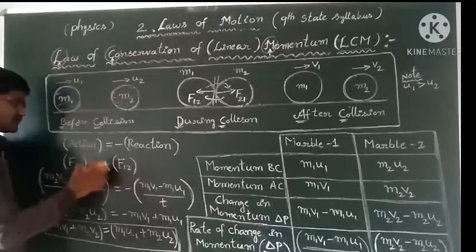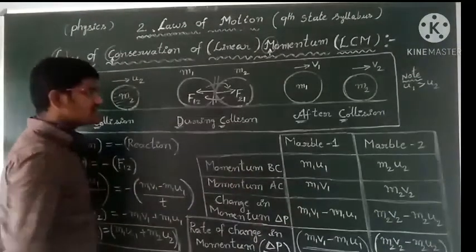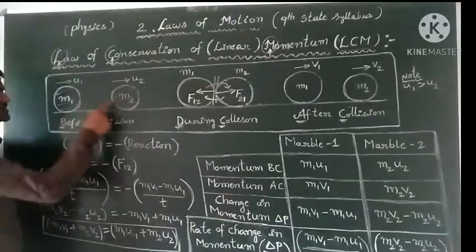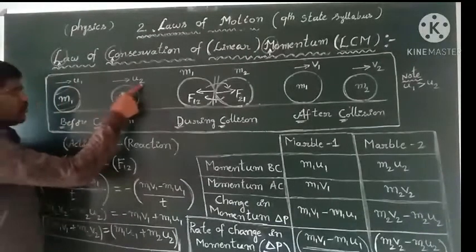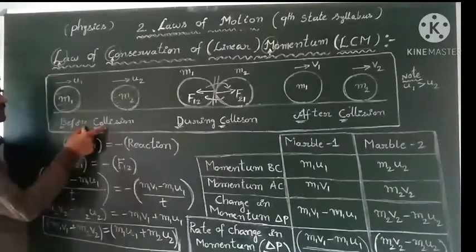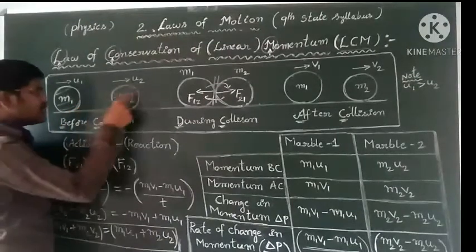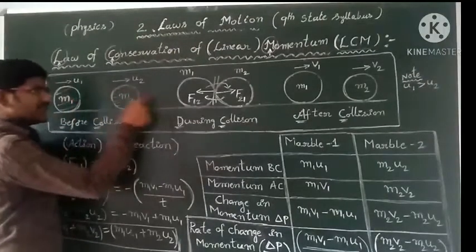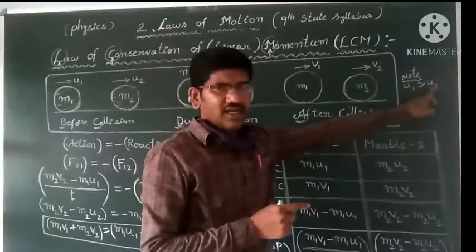Now, to get these forces, I'm going to this table. Here we have two marbles, M1 and M2 are their masses, U1 and U2 are their initial velocities before the collision. They are moving in the same straight line, in the same direction, and U1 is greater than U2.